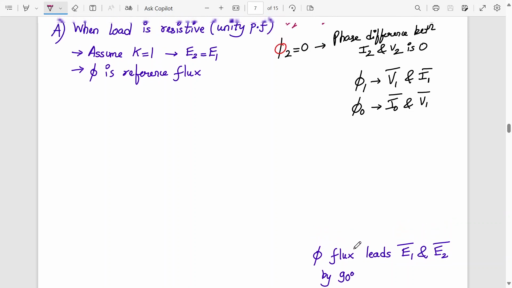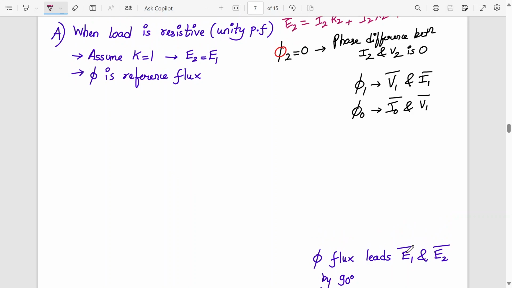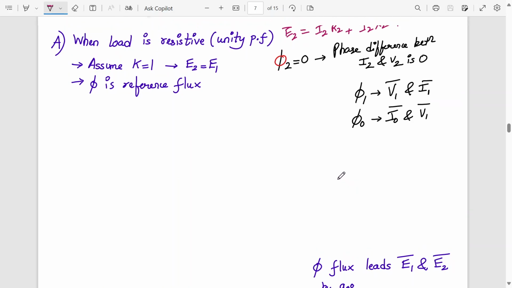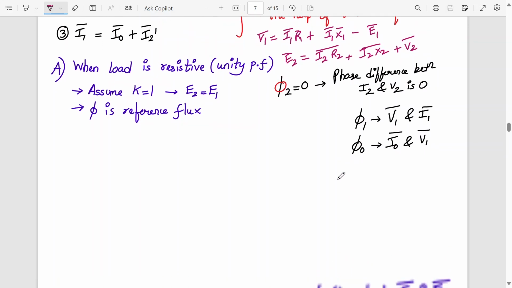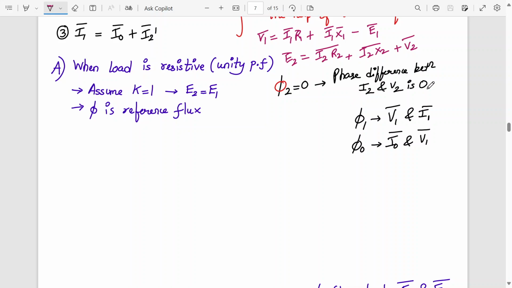And phi 2 is 0 because there is a resistive load. So the phase difference between I2 and V2 is 0 degree.